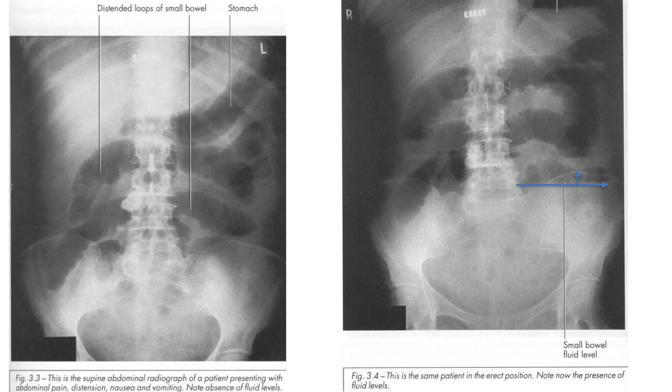On your right, you can see the erect position. The erect position is to look at the air-fluid levels, which in the case of a small bowel obstruction, as you see with the blue arrows, are wider than tall. This is very important for you to know.